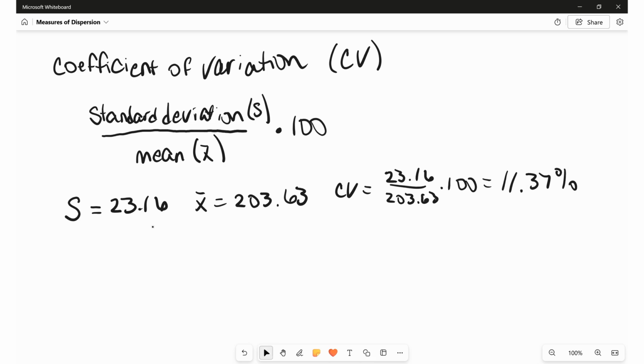That's the coefficient of variation. Okay?